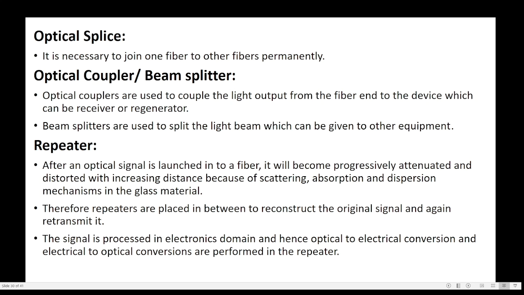The signal is processed in the electronic domain, and hence optical to electrical conversion and electrical to optical conversion are performed in the repeater.